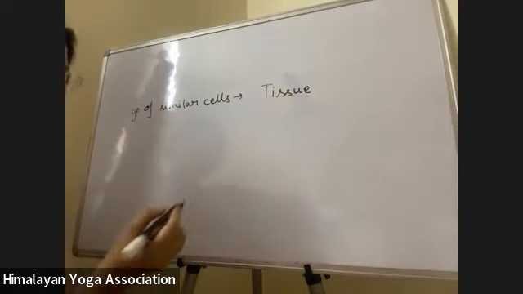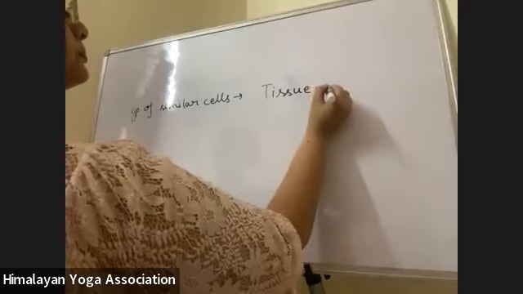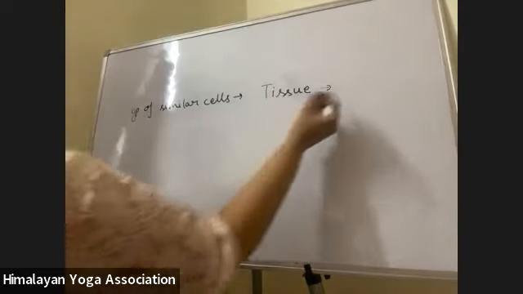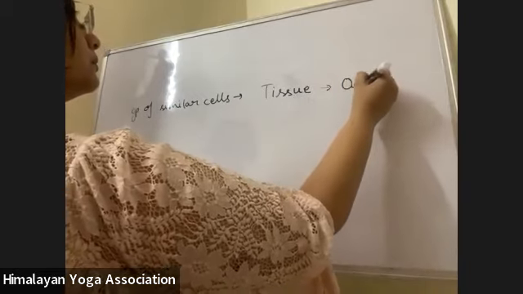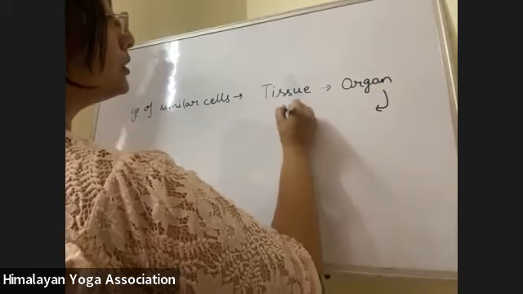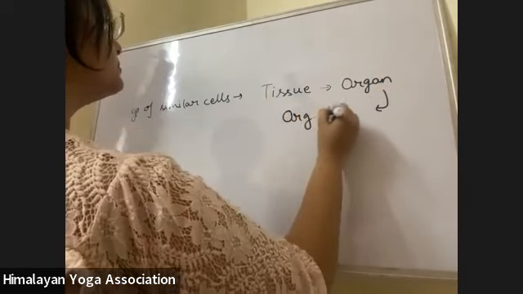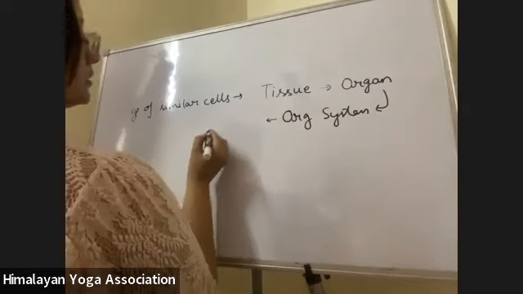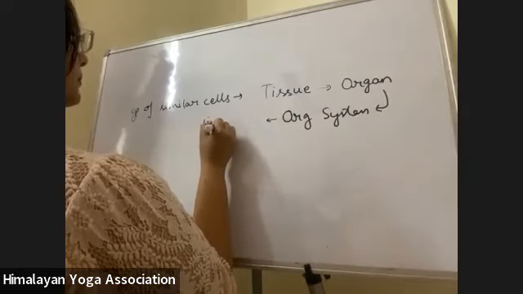Then a group of tissues forms an organ. Then a group of organs forms an organ system. And all the organ systems form the human body.